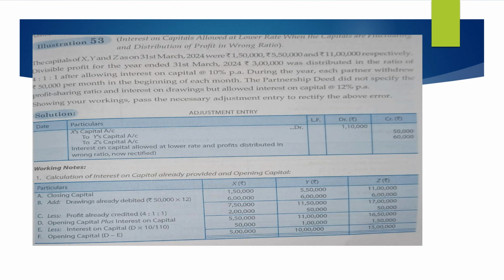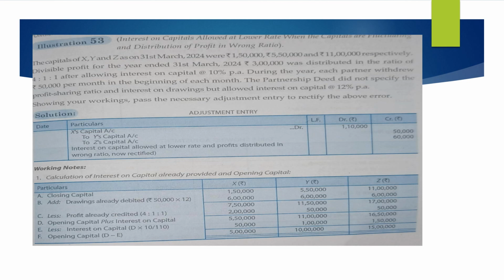Since interest on capital is already included, we calculate it by taking 10 by 110, for which we get 50,000, 1 lakh and 1 lakh 50,000 respectively. Now the opening capital for X will be 5 lakhs, Y 10 lakhs and Z 15 lakhs.